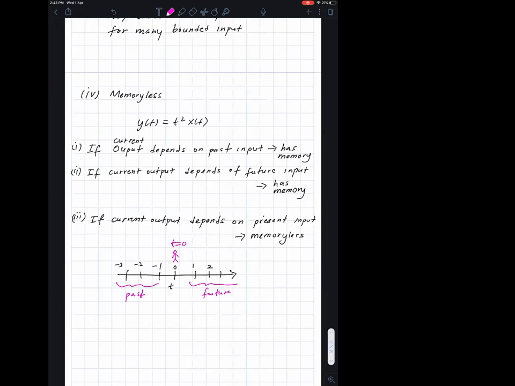If you're standing here, then the present input is 1.